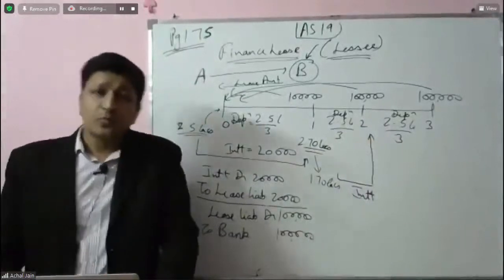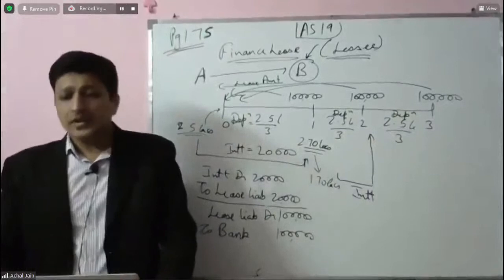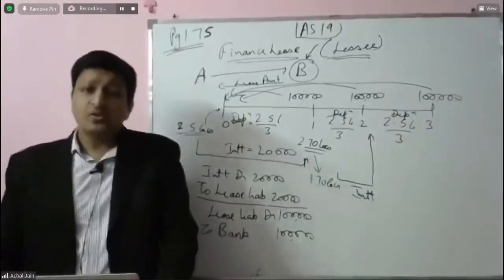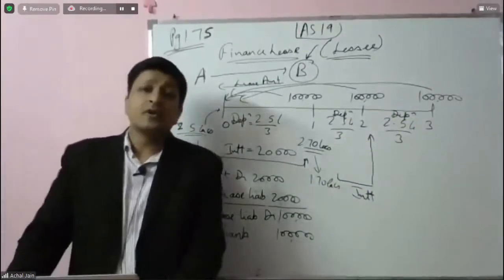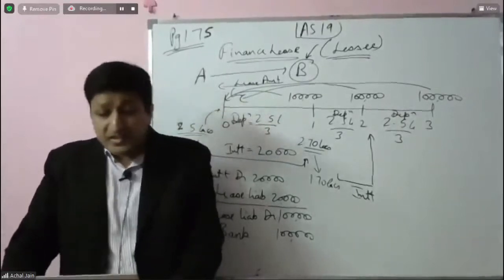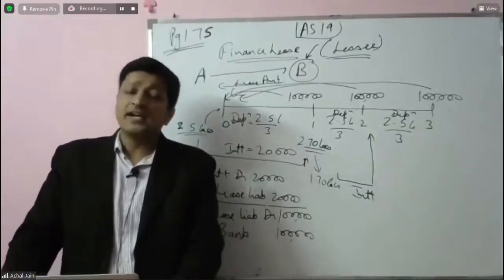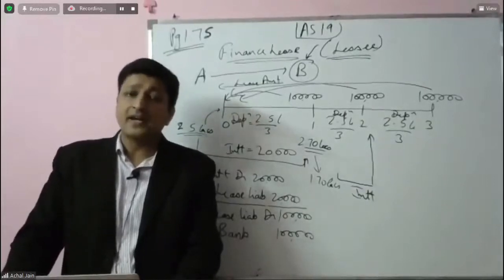Manish is saying 2.5 to 3 lakhs will be of particular year's current cost. Let's not call it as current cost. Let's call it as present value. Manish is saying that this extra 50,000 lease liability is like interest suspense recorded at year 0.